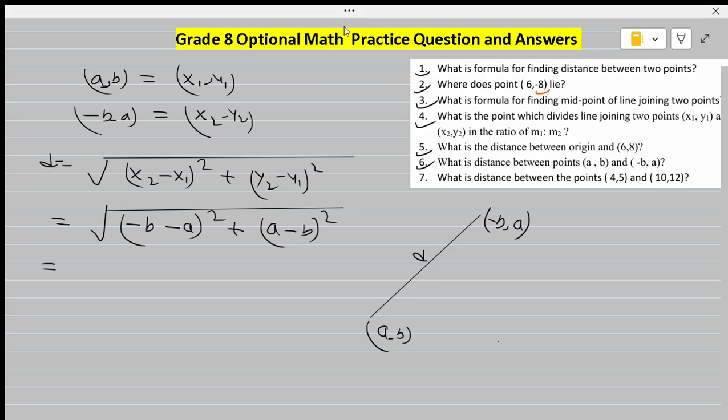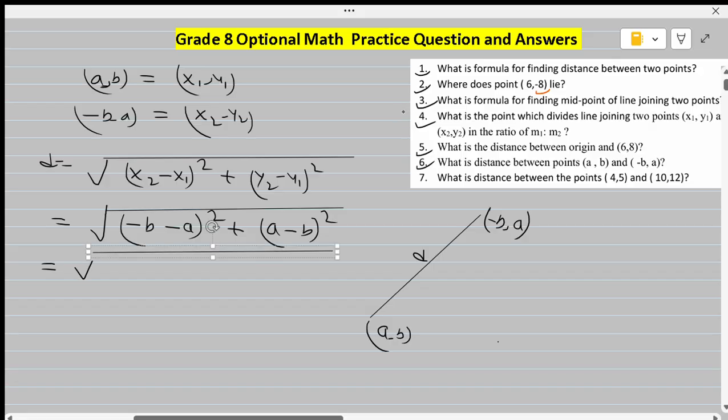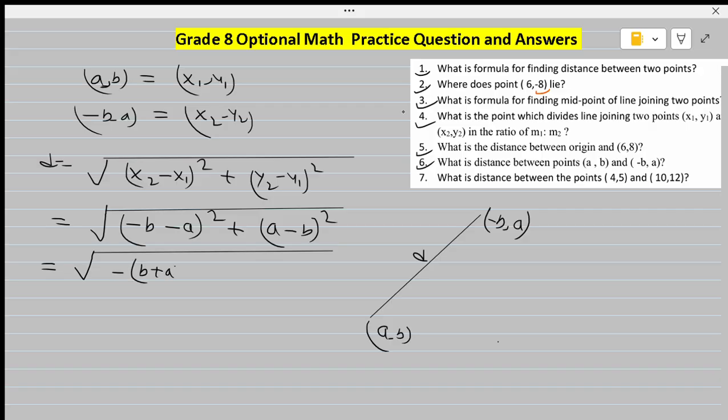And after that, we can take minus common, so (b plus a), and this whole square applies for minus also. So minus (b plus a) whole square, and this is (a minus b) whole square.